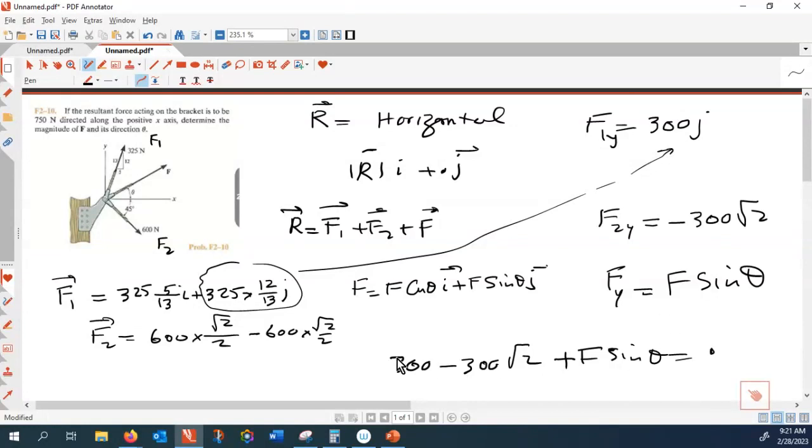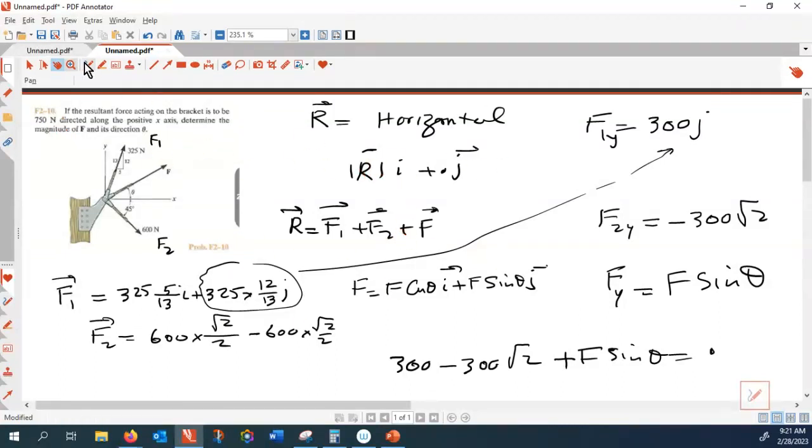Okay, so this equation, we cannot solve this because it has unknowns, F and theta. So I need a second equation. The second equation is, yes, I do have the resultant R, the magnitude of R, which is Rx.